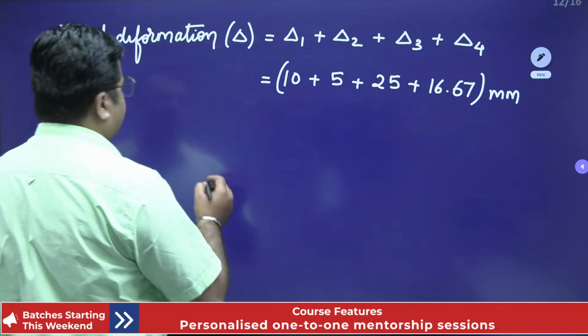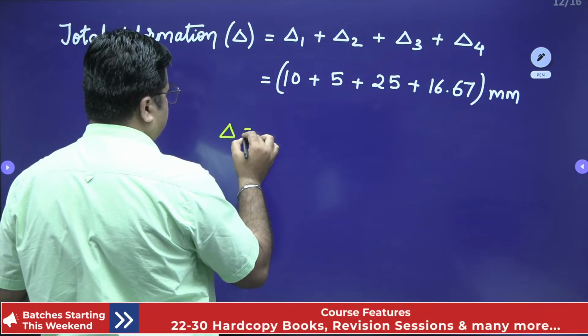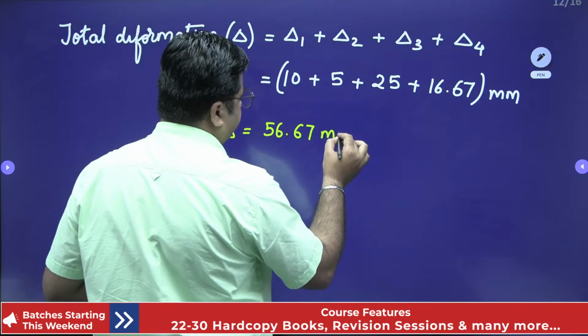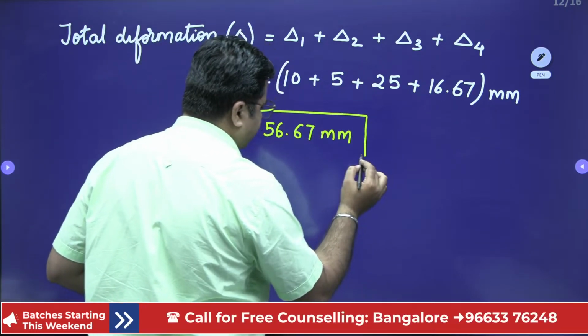So this total deformation delta comes out to be 56.67 mm. This is your total deformation for the members.